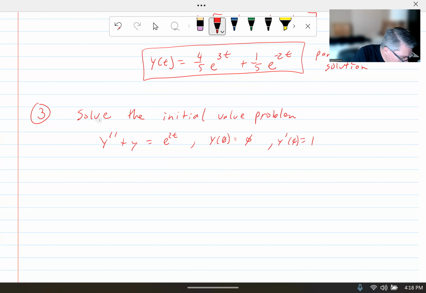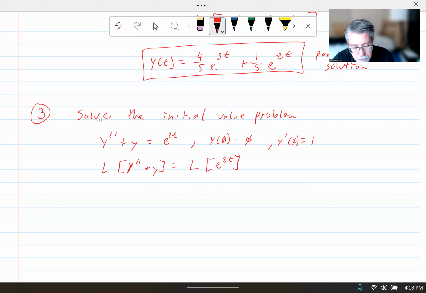So we're going to do the Laplace transform of y double prime plus y is equal to the Laplace transform of e to the 2t. So we Laplace transform and then we undo the Laplace transform, and that gives us the answer.